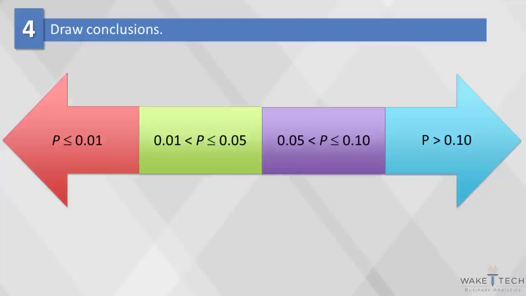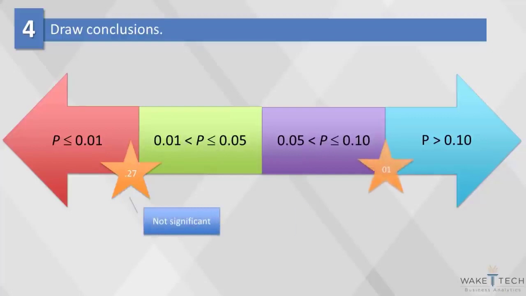These are common significance levels. 5% is the most common cutoff. However, note that it's unwise to draw firm borders for significance. As an example, a p-value of 0.27 would not be significant against H0. A p-value of 0.01, on the other hand, would be highly significant against H0.